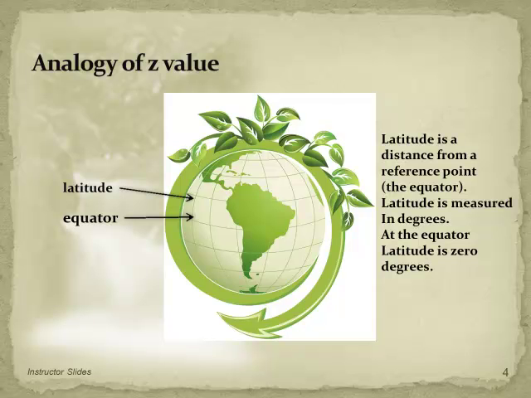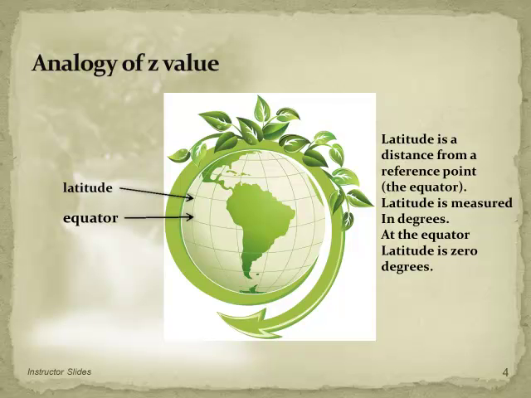And for navigational purposes, we have created something called latitude. We've also created something called longitude, but what I want to do in this slide is to focus in on latitude. So latitude is a distance away from a reference point. In this case, the reference point is the equator.